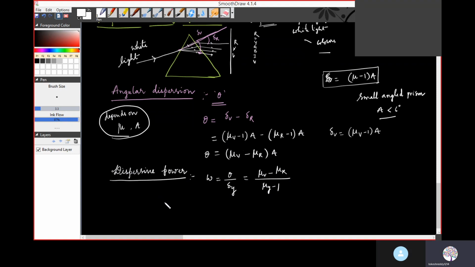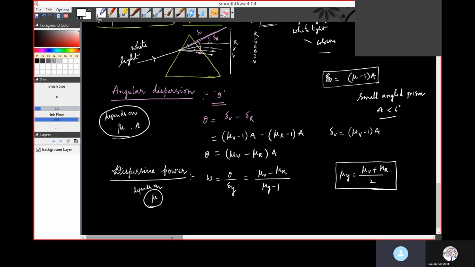Mu y is the average of mu v plus mu r by 2. So it depends on the material of the prism, mu, and it doesn't depend upon the angle of the prism.